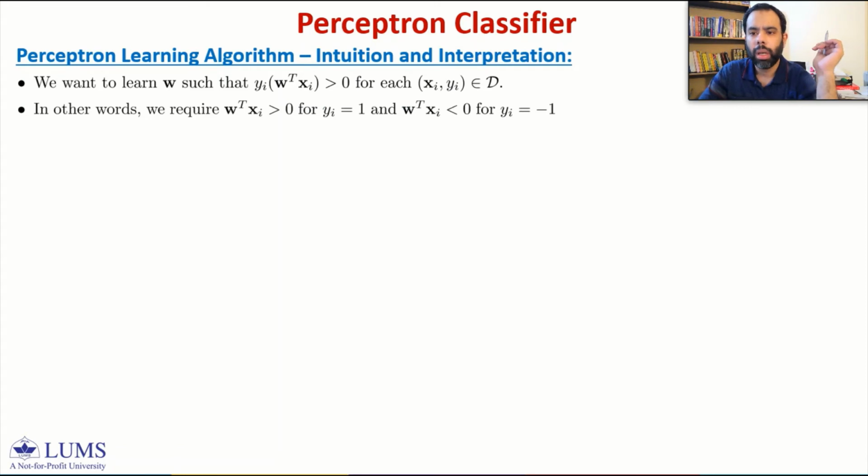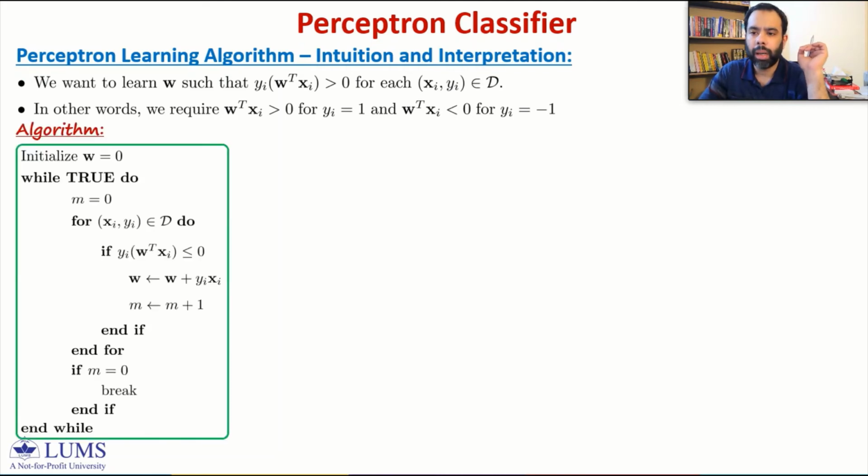In other words, we require W transpose xi greater than 0 when yi is equal to 1, and W transpose xi less than 0 when yi is equal to minus 1. And we had this algorithm to learn the weight vector W for a given dataset.